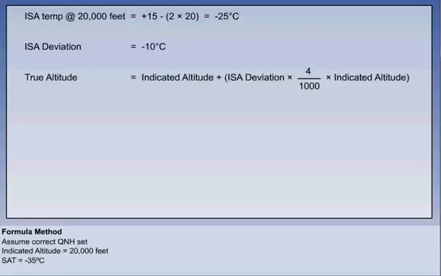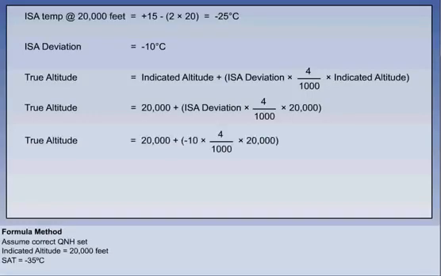We can now substitute into our formula. It says that true altitude equals indicated altitude plus, open bracket, ISA deviation times 4 feet per 1,000 feet times the indicated altitude, close brackets. Our indicated altitude is 20,000 feet, and the ISA deviation is minus 10.